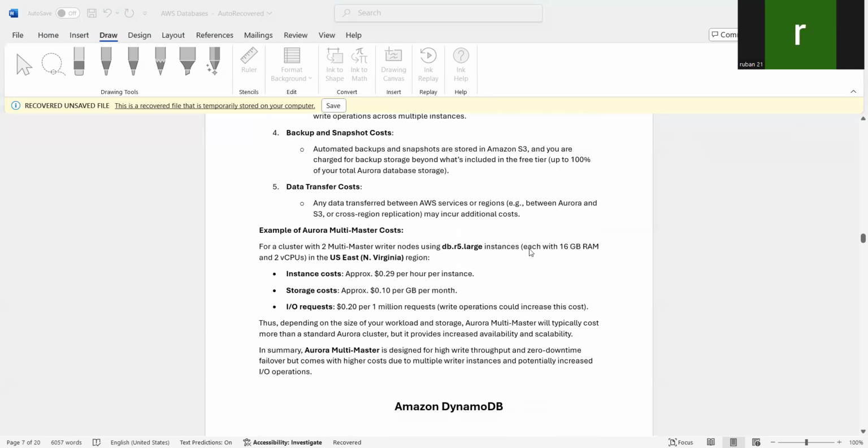Data transfer cost. Any data transfer between AWS services or regions, for example between Aurora and S3 or cross-region replication, may incur additional cost.